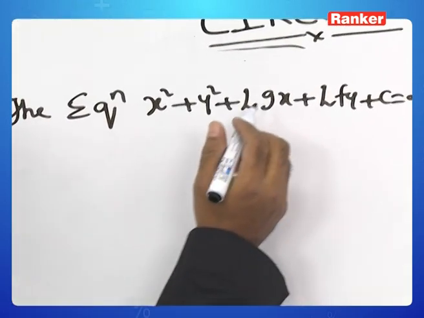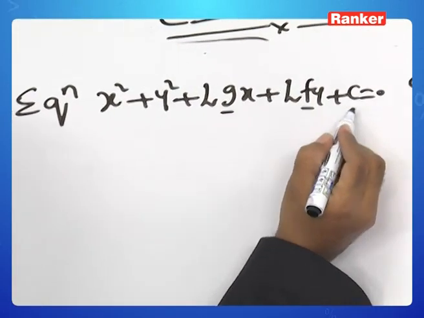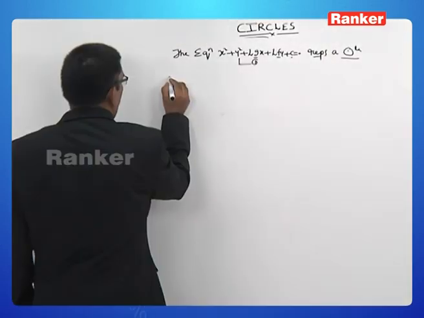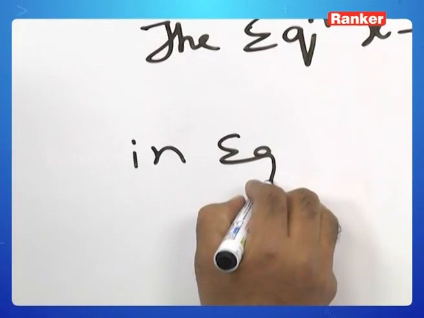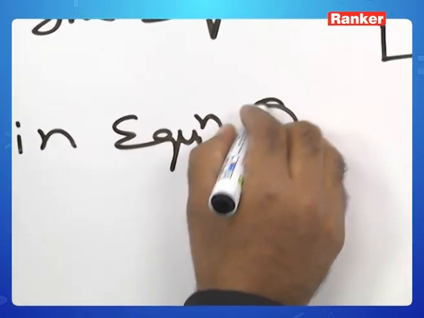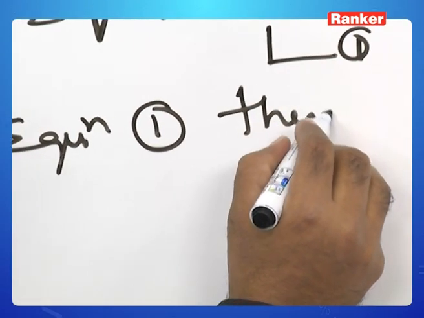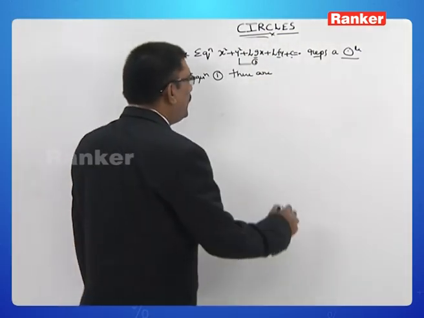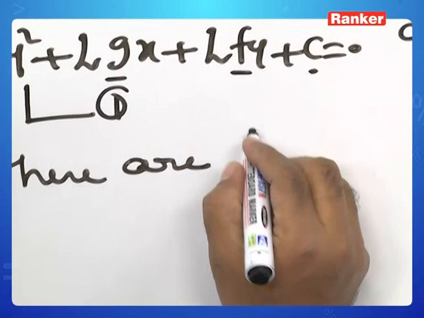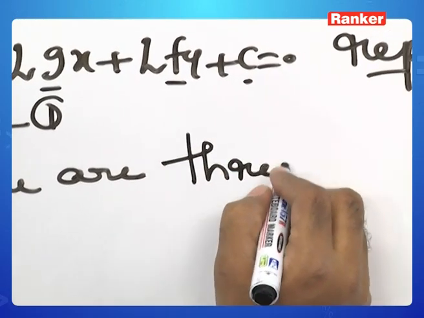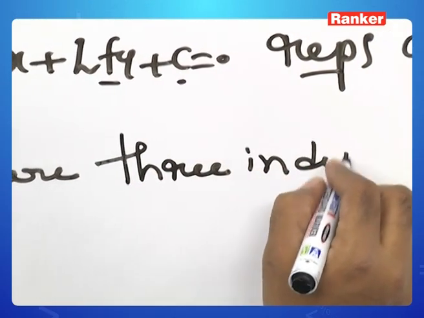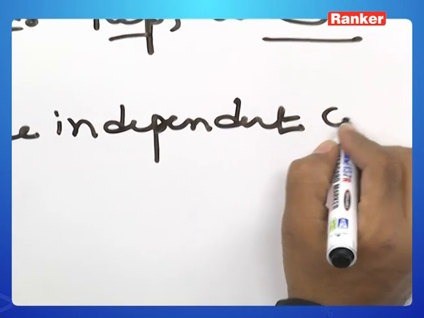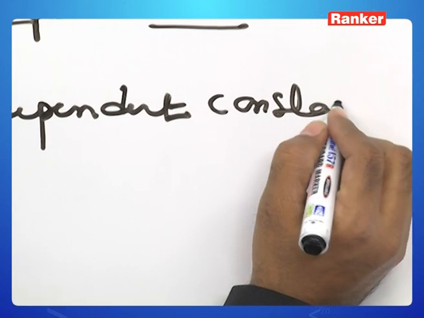Here there are three independent constants. Call this equation 1. In equation 1, there are three independent constants.